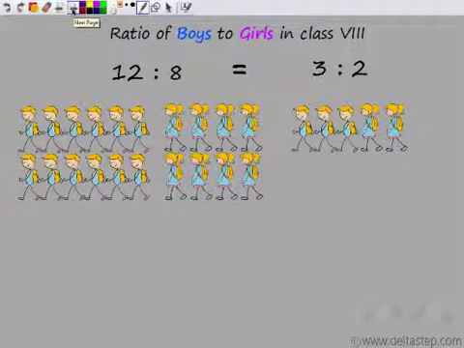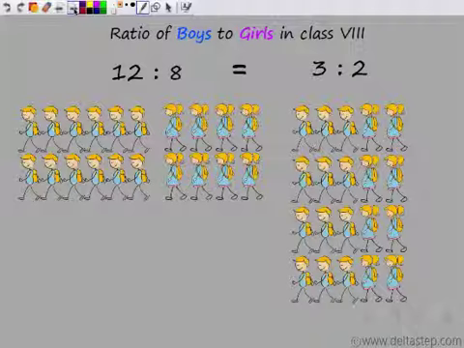What 5 indicates is that I can divide my total class into groups of 5 in such a way that each group of 5 students would have 3 boys and 2 girls. So I can divide the entire class into such groups. So I get groups of 5 students, and in each group I'll see 3 boys, 2 girls.